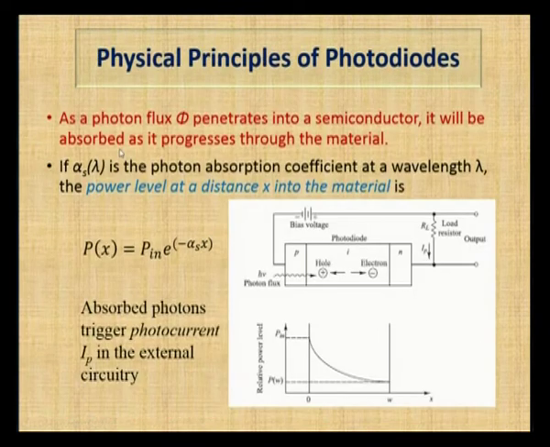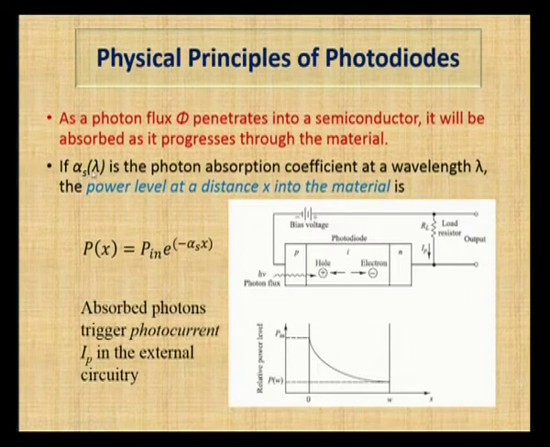What is the physical principle of a photodiode? As a photon flux phi having h nu energy penetrates into the semiconductor, it will absorb some of the energy and the hole will move to the intrinsic layer.